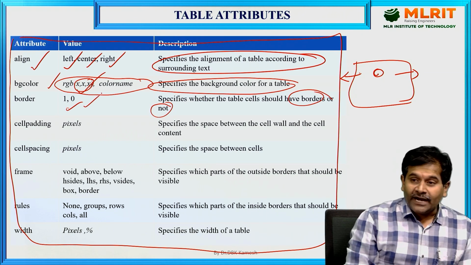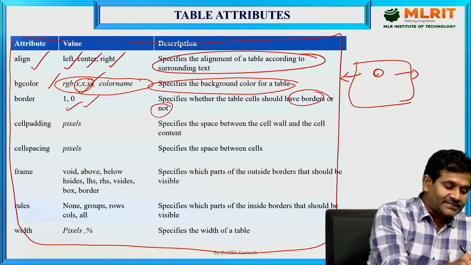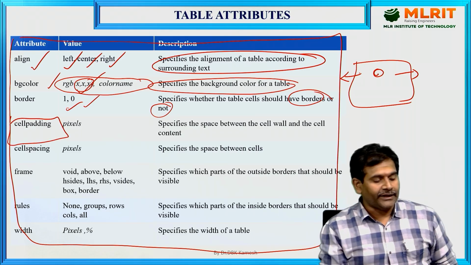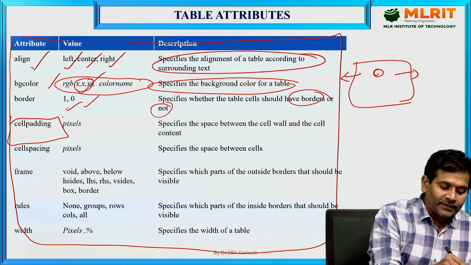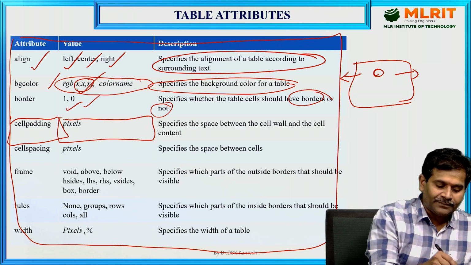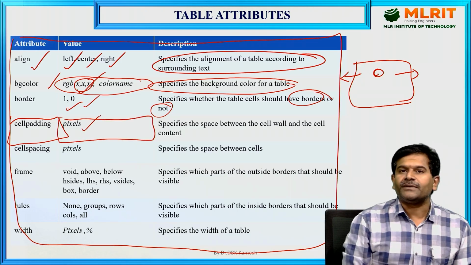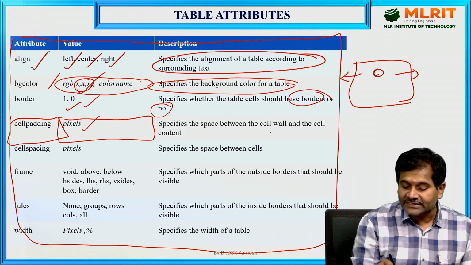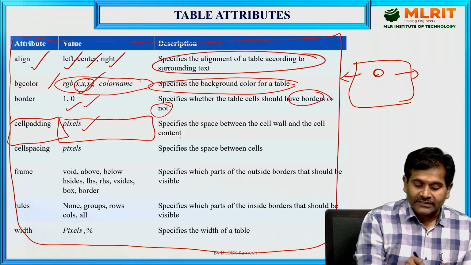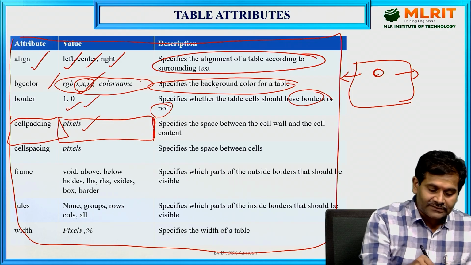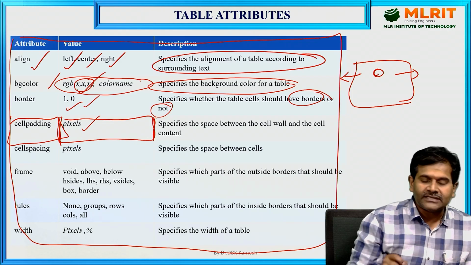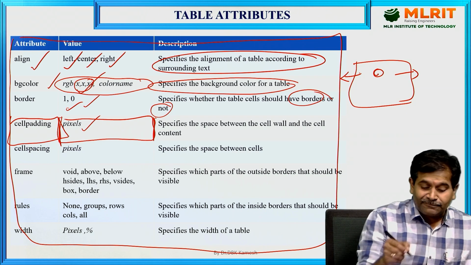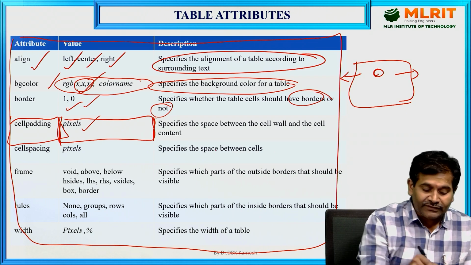Then cell padding, in pixels, specifies the space between the cell wall and the cell content. Here this is the cell content, and this is called cell padding. Then cell spacing specifies the space between the cells.